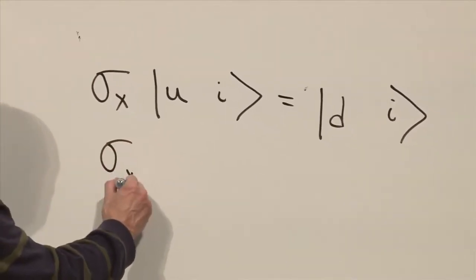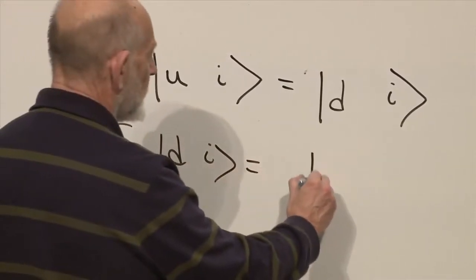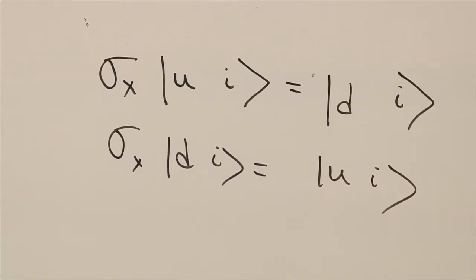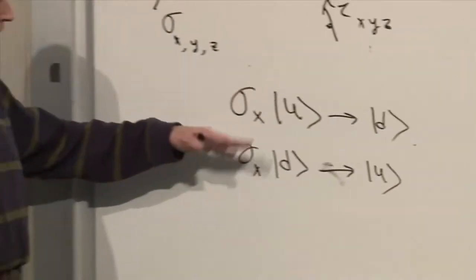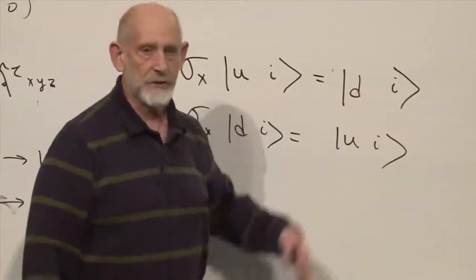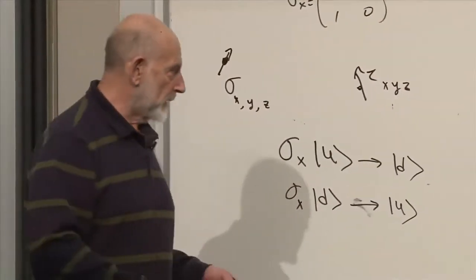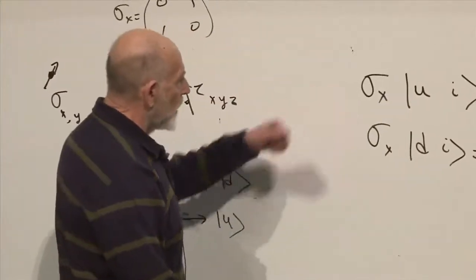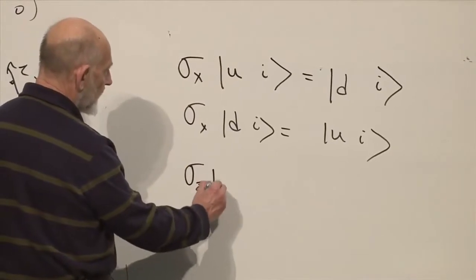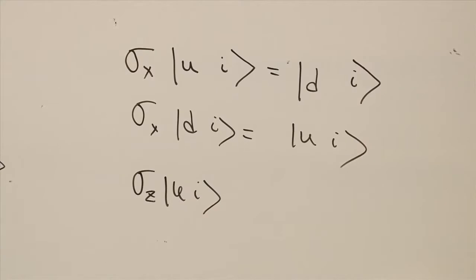Likewise, sigma x on down I equals up I. You just take what it did for the single part, for the single spin space, and you just think of the other index as a kind of spectator that just goes along for the ride. Doesn't do anything. On the other hand, oh, let's do one more. Sigma z on up I. Well, what does sigma z do when it acts on up?